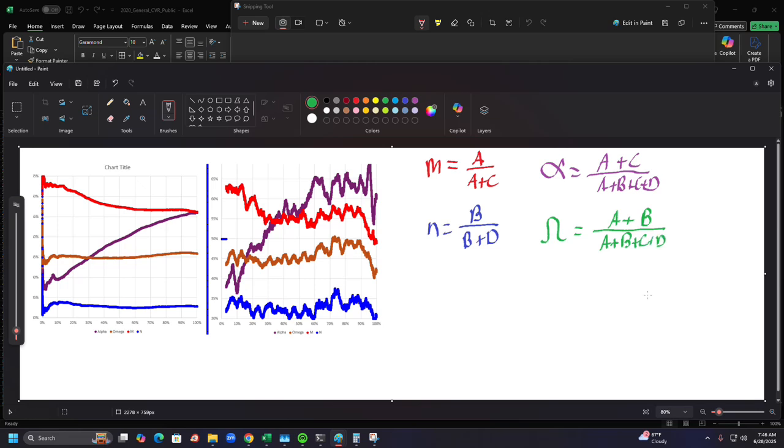Then we get the algebraic identity: M, the total Republican opposition, equals total opposition omega plus (1 minus alpha) over alpha, that is Biden's share of the vote over alpha, which is Trump's share of the vote, times omega minus n. This is an algebraic identity. It has nothing to do with the election being fair or not.